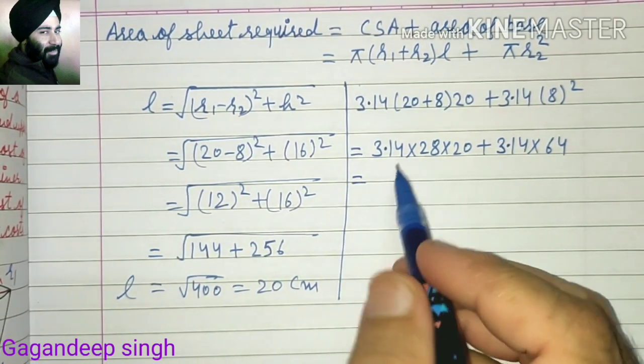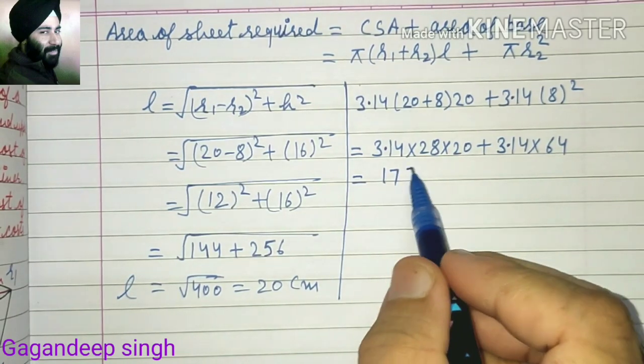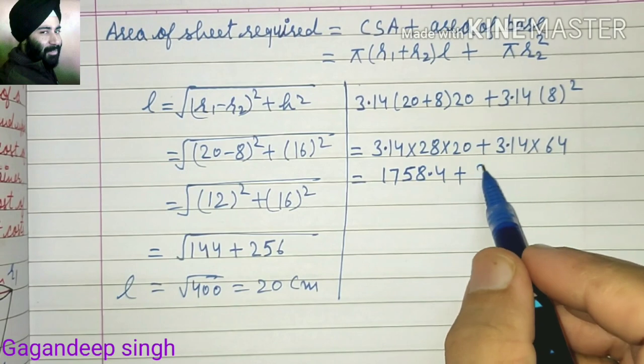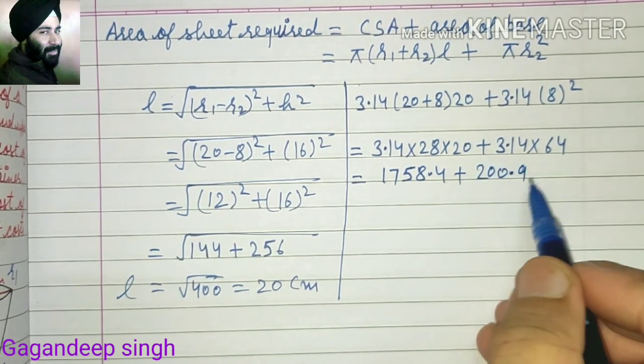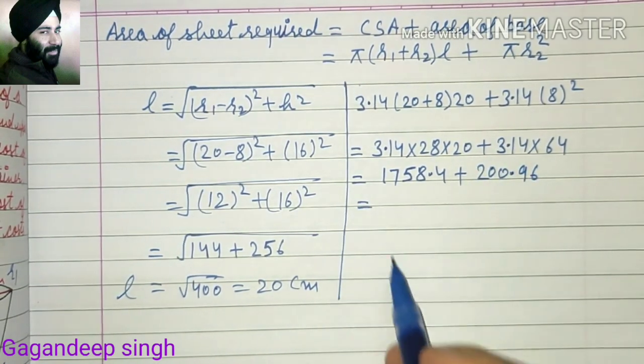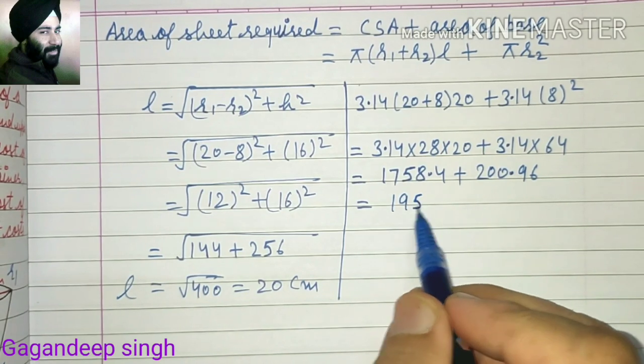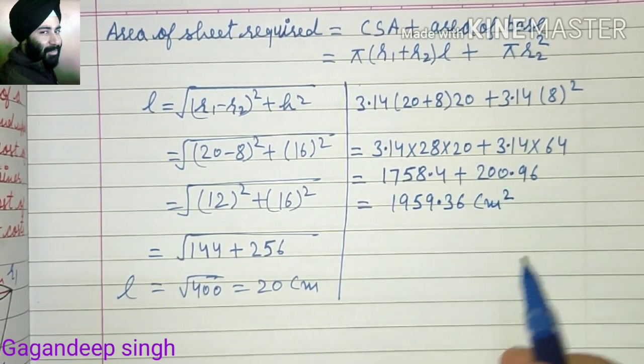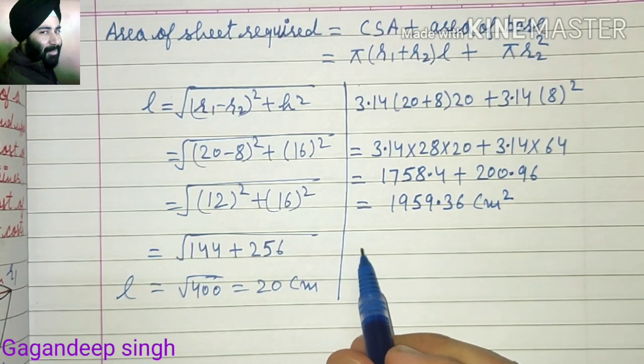Product of these three is 1758.4 plus 200.96 and total is 1959.36 centimeter square.